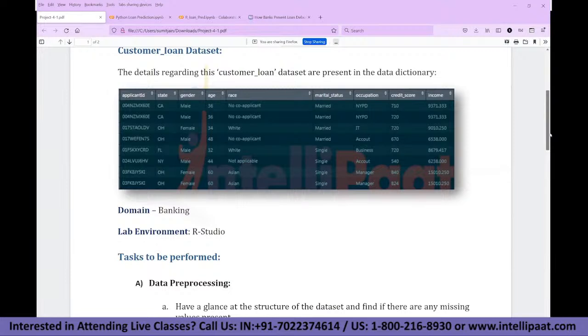Then I can use this model to do predictions for any cases where I don't know if the loan should be given or not. That means the actual values are completely missing, and I'm completely relying on my prediction values to give the loan to that particular applicant, right? That is how you use it in a real-life scenario.